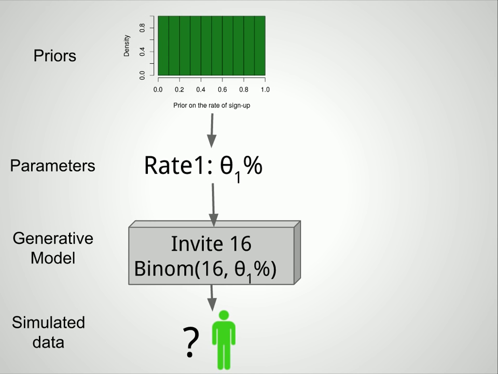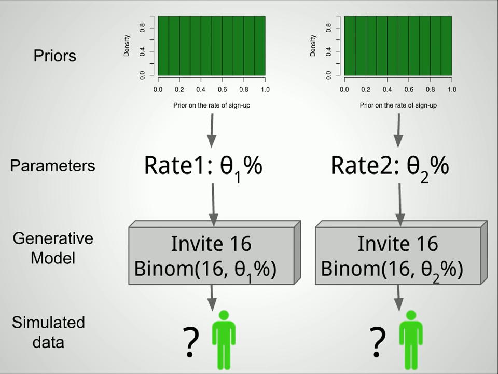But now we have two advertising methods. But the cool thing here is that all we need to do is to copy and paste the one group model. So instead we draw two rates of sign-up independently from two priors and separately run two generative models to simulate two datasets. This is the only change we need to make.